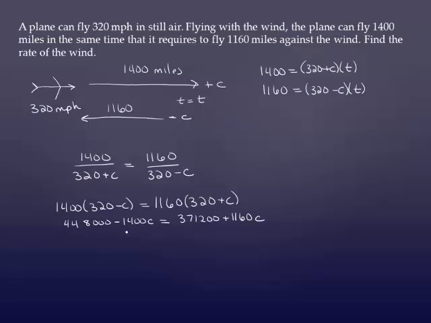Okay, we'll add 1,400c to both sides. And I'll get 448,000 is equal to 371,200 plus 2,560c. And then maybe I'll subtract 371,200 from both sides.